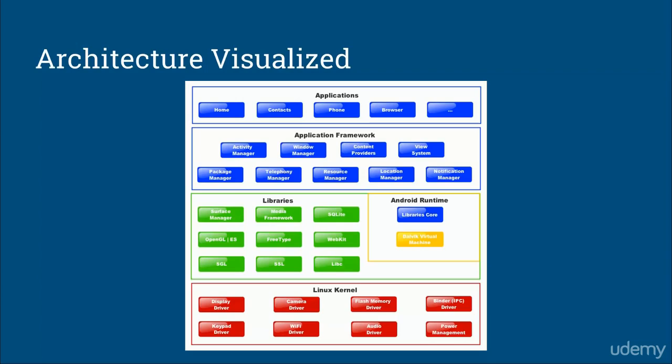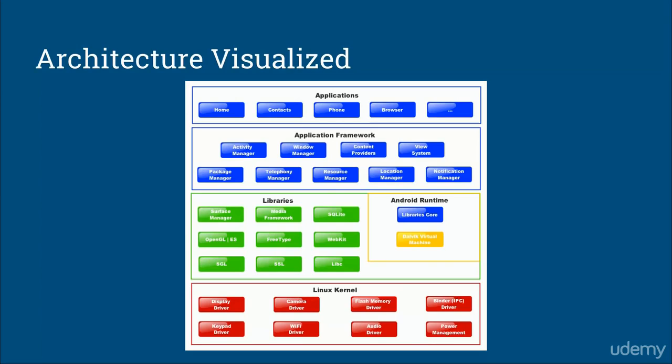So above that, we have our application framework, which, as I said, allows us to interact with the location of our phone, or the telephony manager, which is how we make phone calls and manage all that kind of good stuff. Those are the little packages or blocks that we're going to grab and interact with when we want to do any one of those specific types of things. So that's that blue portion right off to the right above our green portion.